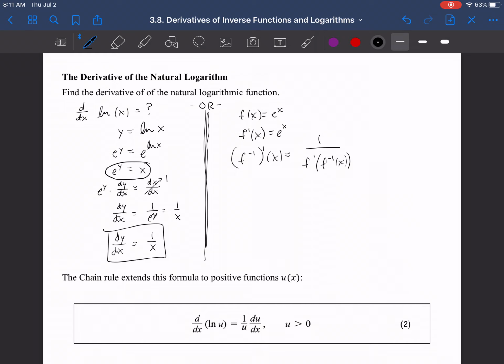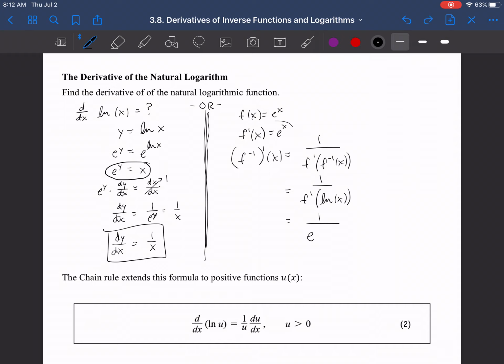That was what we were just doing. And so this is just 1 over f prime evaluated at the natural log of x, because that's the inverse of e to the x, which means this is 1 over e, right? This is f prime right here.